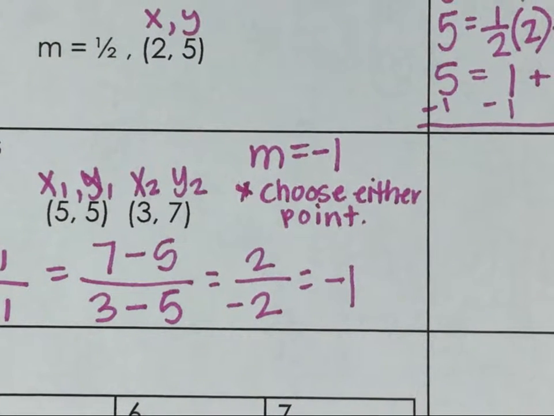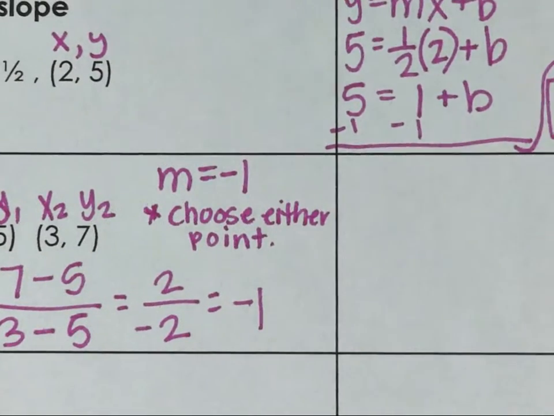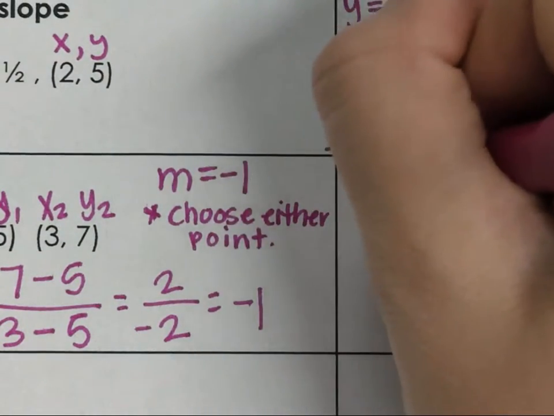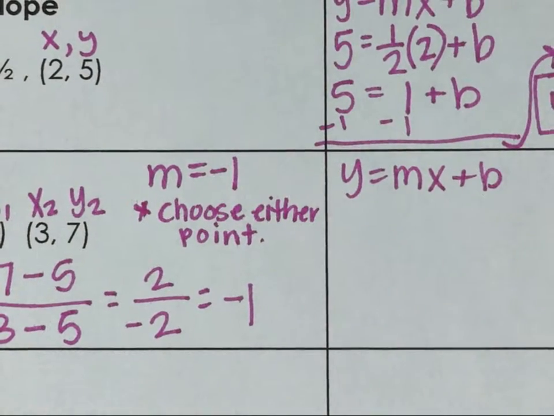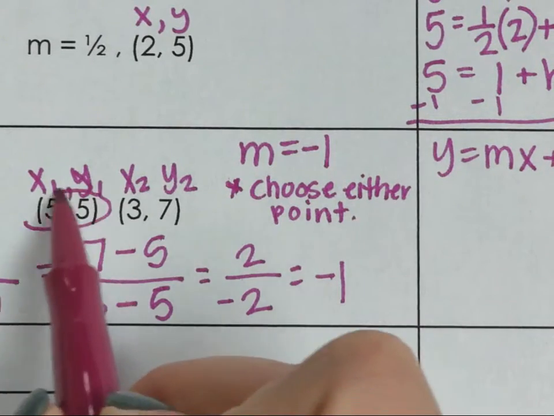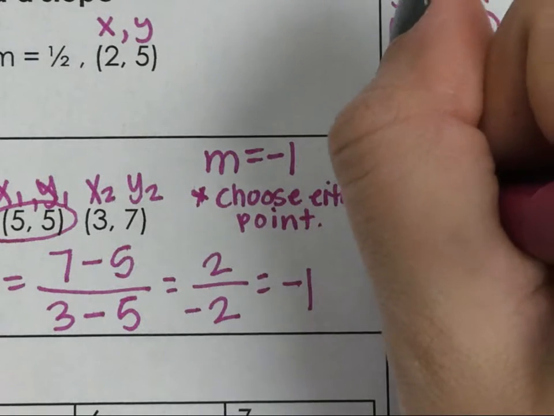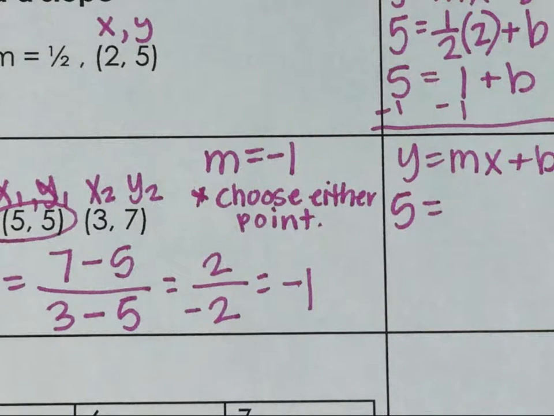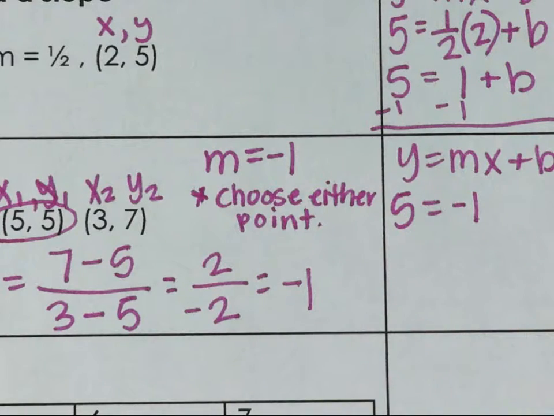So we're going to plug in my m, my x, and my y into slope-intercept form. All right. So again, I've got y equals mx plus b. So what is my y if I'm using this point right here? My y is 5. My m, my slope, is -1.